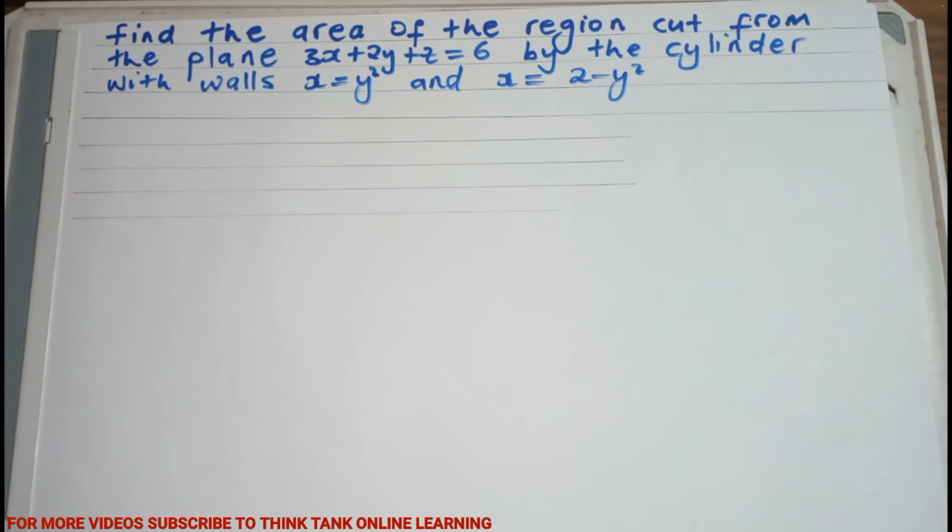Okay, so the first thing you have to do when you want to find the area, we're going to use double integrals. Since we're dealing with vectors, this is vector calculus.